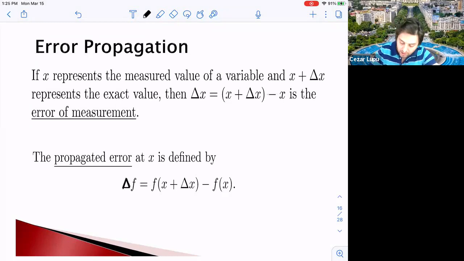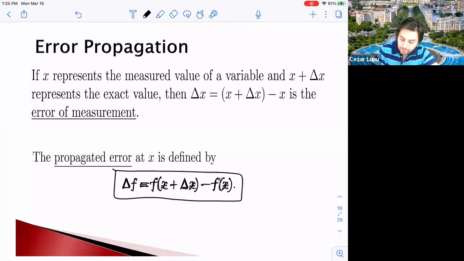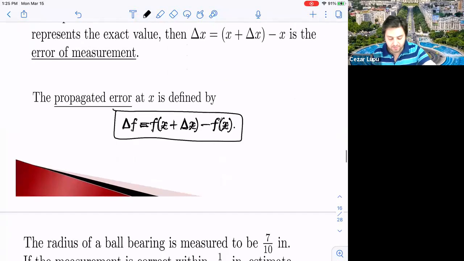So that's how the propagated error is defined. Keep that in mind.